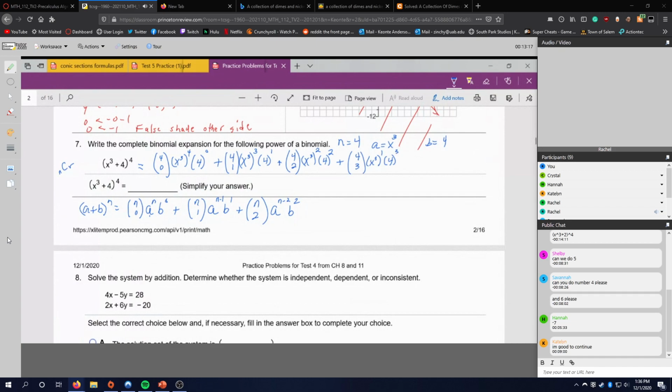The exponents decrease by 1 on the first term, increase by 1 on the second term. And then I have 4, 4, combination 4, x to the third to the 0 power, 4 to the fourth power. So anytime you got a 0 power, that's 1. But I put the zeros in there because the pattern's easier to see. So this just keeps going out to where you get to 4.